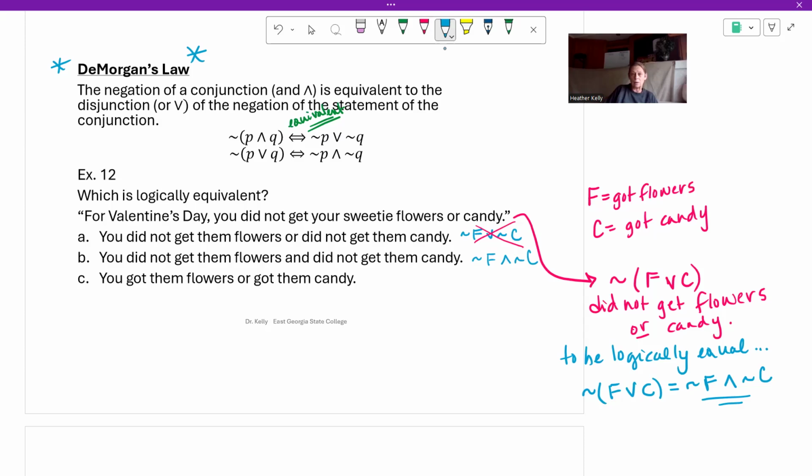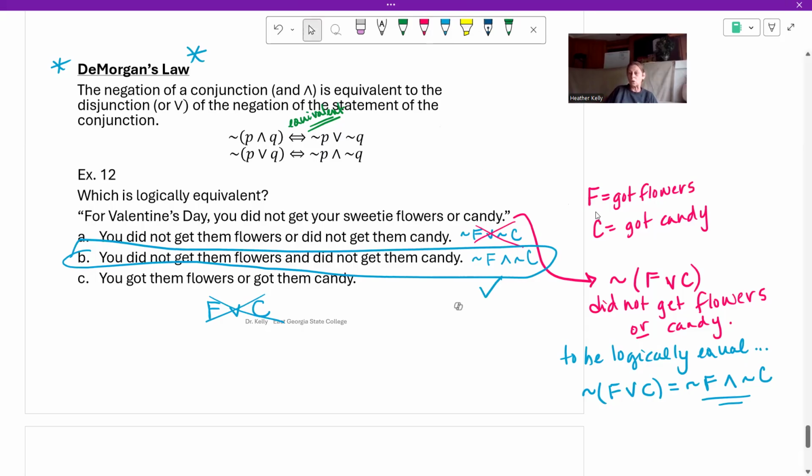There it is. Just for the fun of it, we could write got them flowers or candy, and that's not it either. So that was logically equivalent, and that's why it was helpful for me to turn this into symbols and get it equivalent that way.